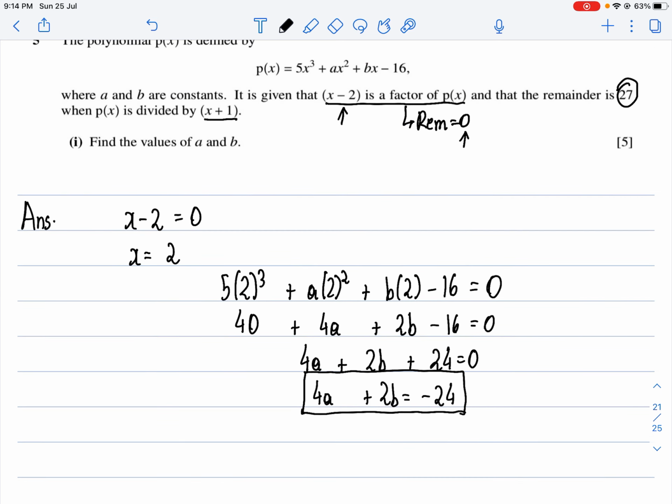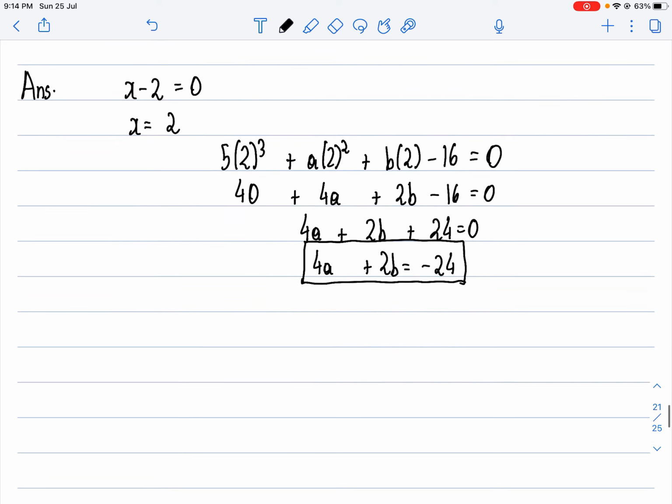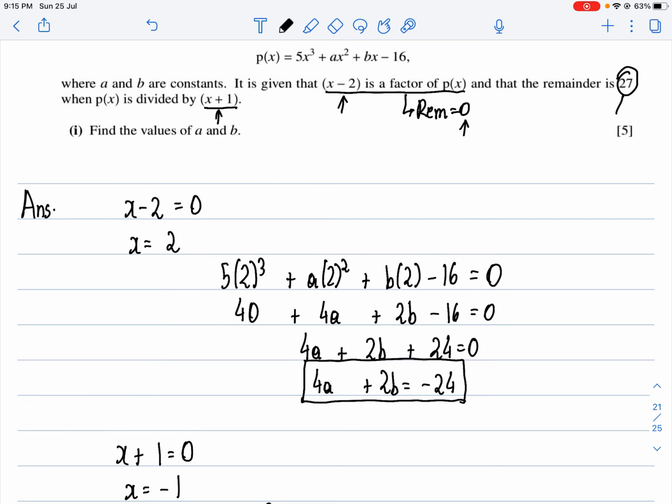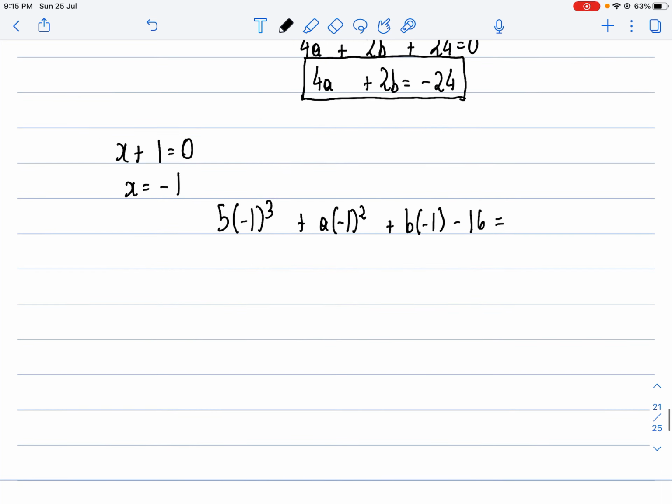Now I know that the remainder is 27 when p of x is divided by x plus 1, which is the second divisor. So I can simply write x plus 1 equals 0. So I get my x basically as negative 1. Now I can substitute this. So I simply get 5 into negative 1, the whole cube, plus a into negative 1, the whole square, plus b into negative 1 minus 16, which I can equate to the remainder, which I know in this case is positive 27.